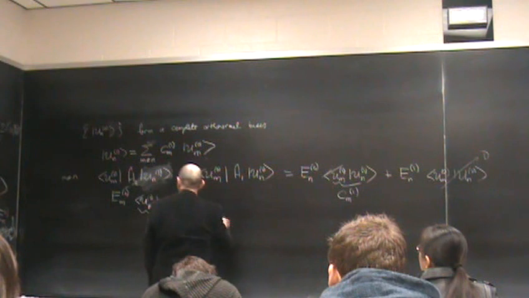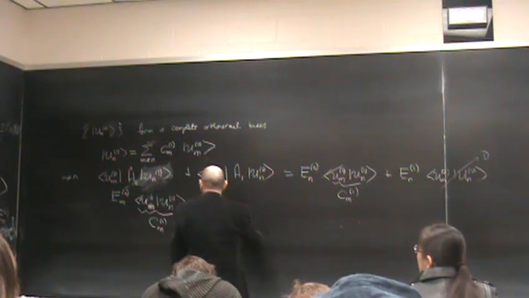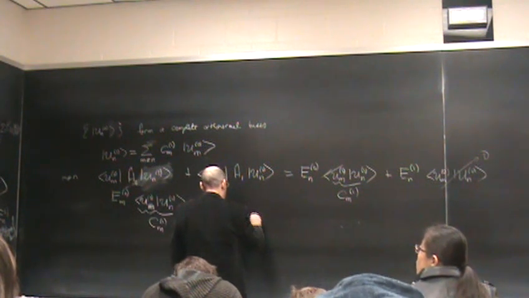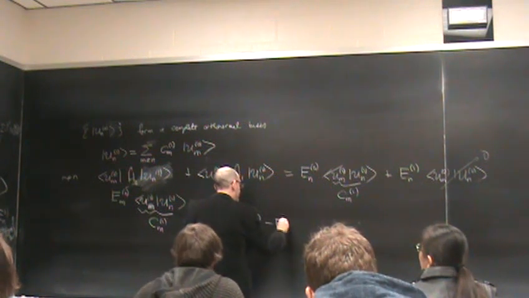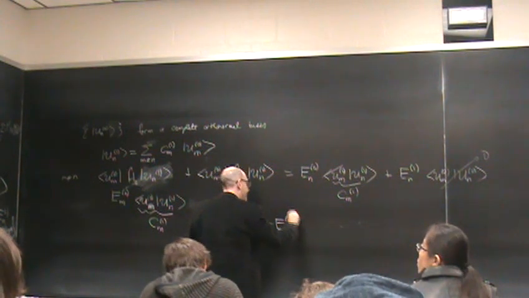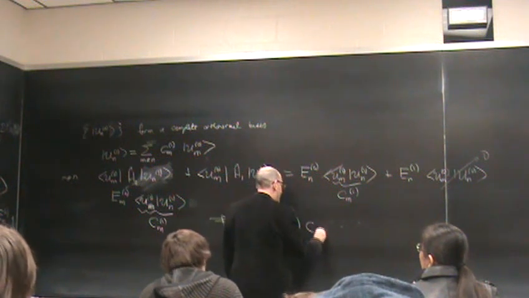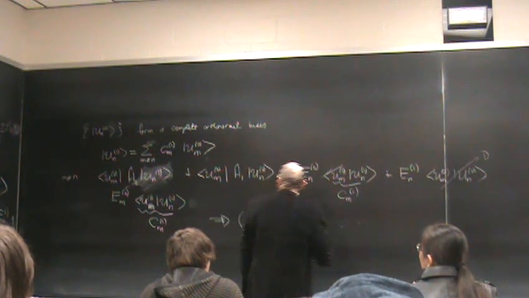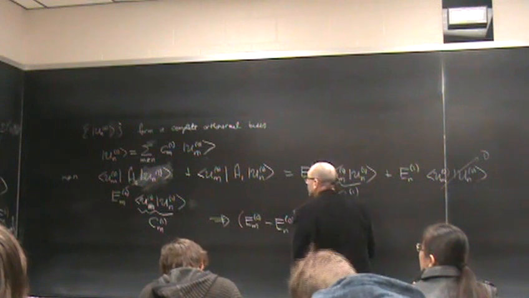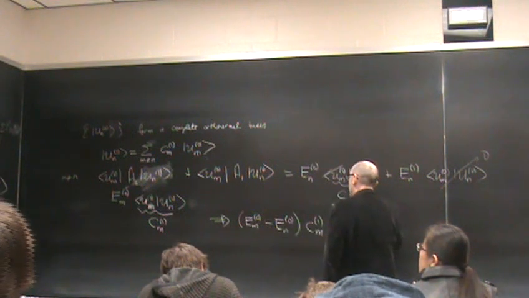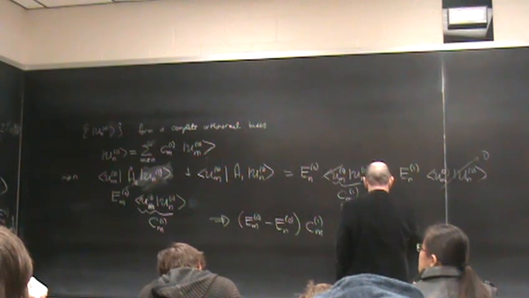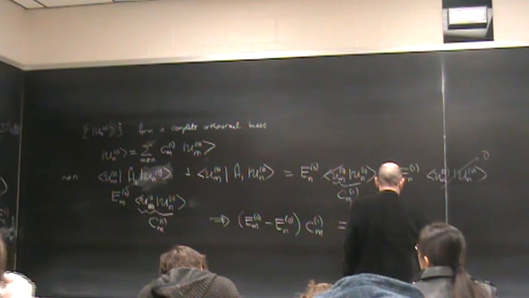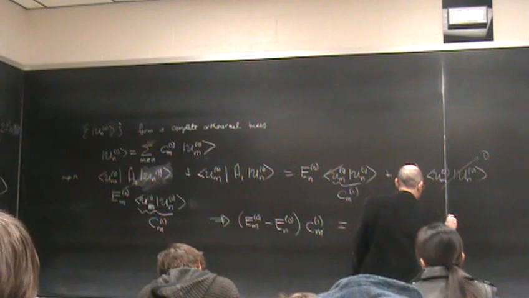And what we get is the following. EN, M as in Mary, minus EN as in Nancy, times this expansion coefficient is equal to minus UN0, H1, UN0.